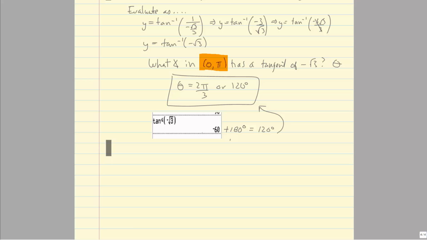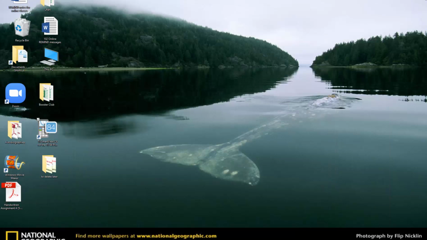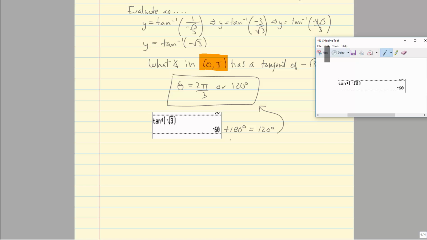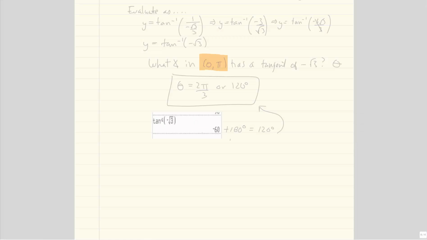So let's look at inverse sine or arc sine. Whoops, everything disappeared here. Inverse sine or arc sine of negative 2.